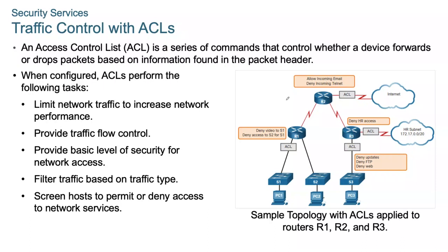the edge router side. The first one is to limit the network traffic to increase the network performance. Generally, in corporate policy, in any of the corporate industries, they try to prohibit video traffic on the network to reduce the network overload, because compared to text traffic or audio traffic, video traffic takes a lot of bandwidth.